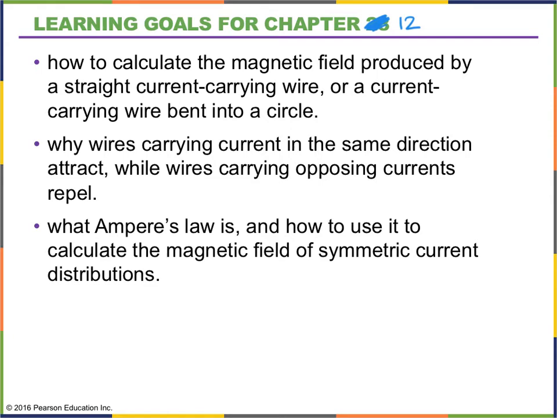We're going to talk about how wires that carry current in the same direction attract each other, and that wires carrying current in opposite directions repel. And then finally, we're going to learn about Ampere's law. Ampere's law is going to give us the easier way to calculate the magnetic field due to a current distribution, but as we found with Gauss's law, there are some restrictions, and the current distribution has to be symmetric.